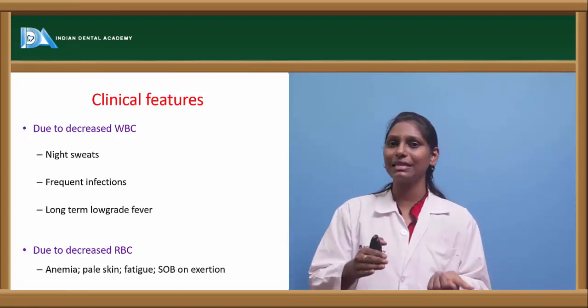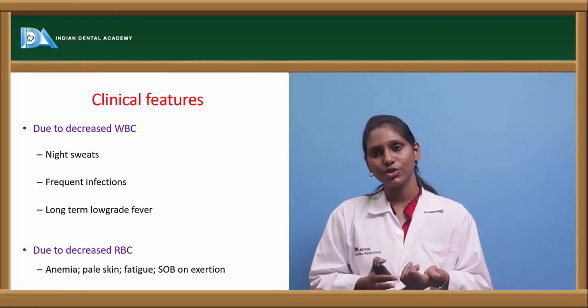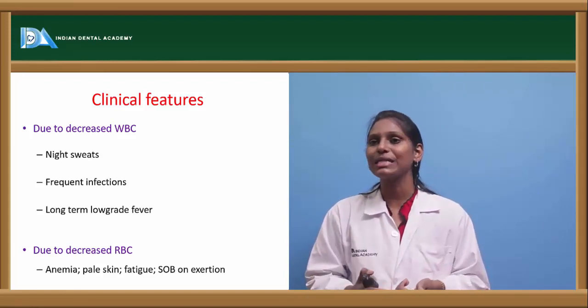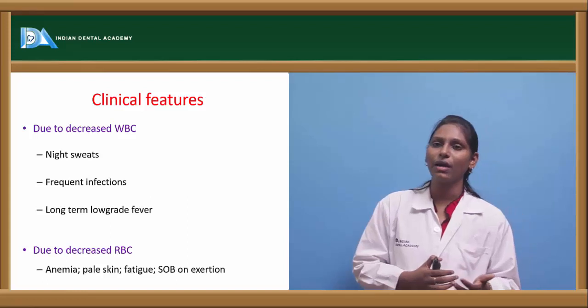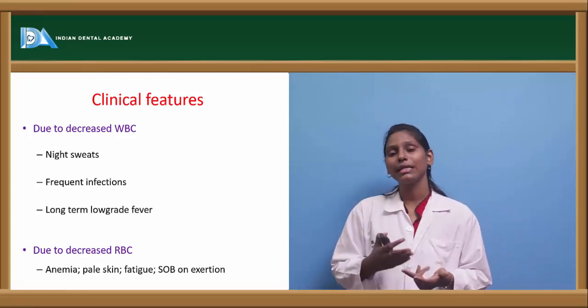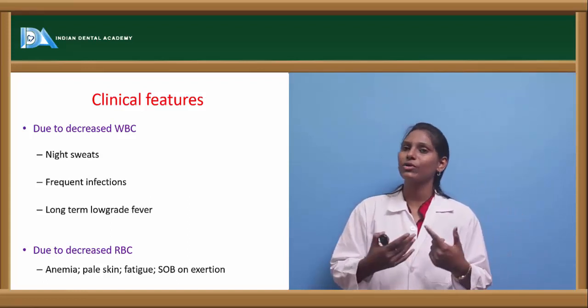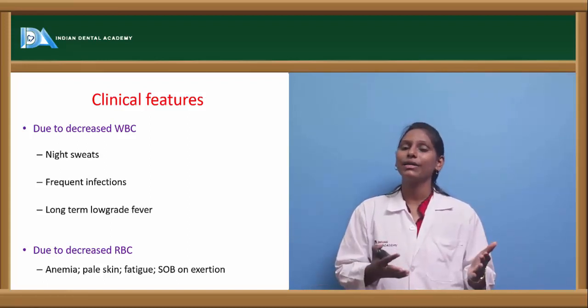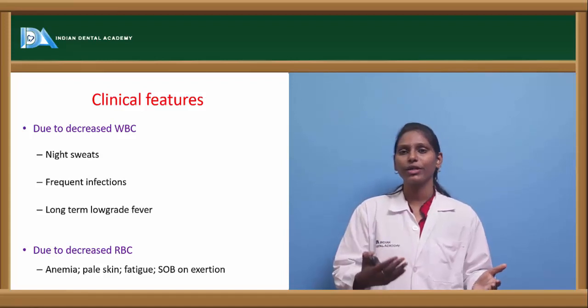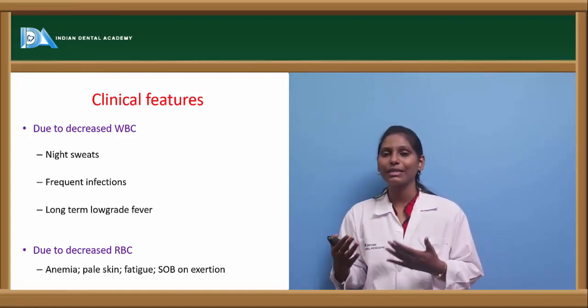Because of the decrease in function, the patient presents with night sweats, frequent infections, and long-term low-grade fever. Due to decreased RBC, we see anemia and pale skin, and because of anemia the oxygen carrying capacity of the blood is decreased, and the patient exhibits shortness of breath on exertion.